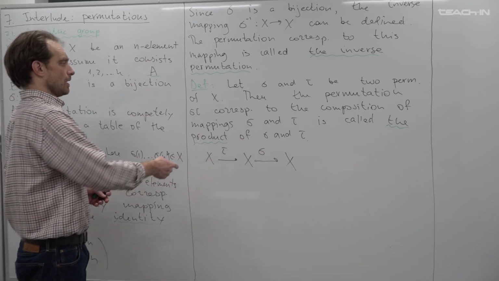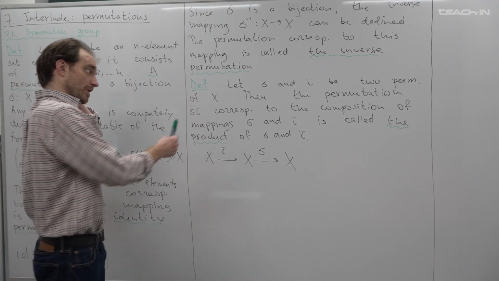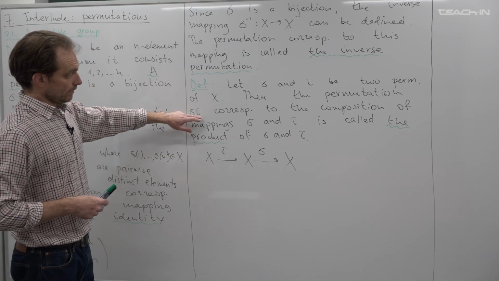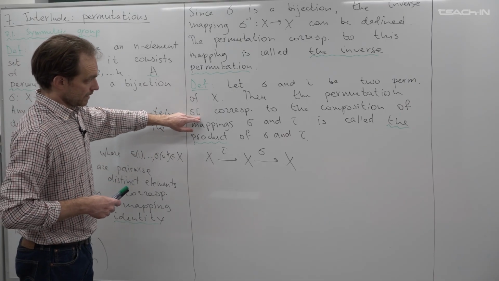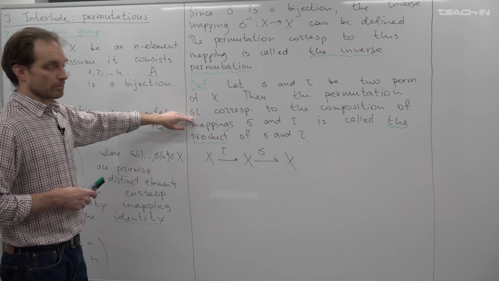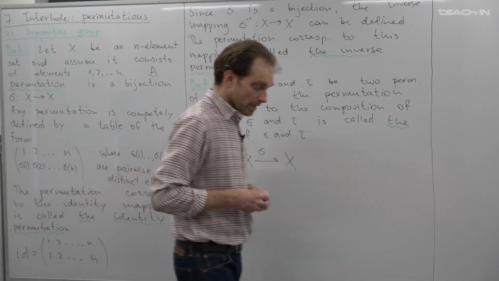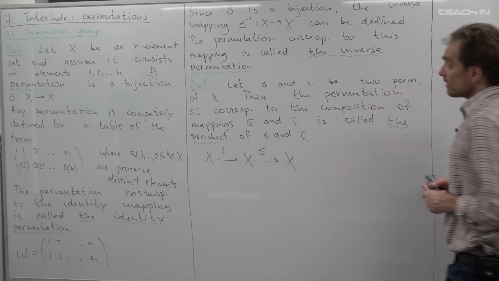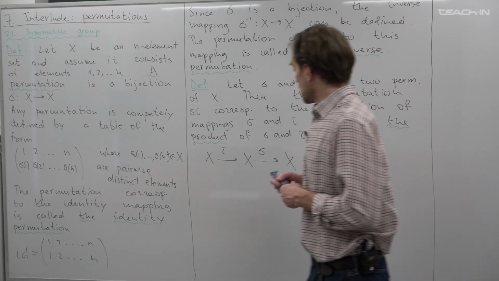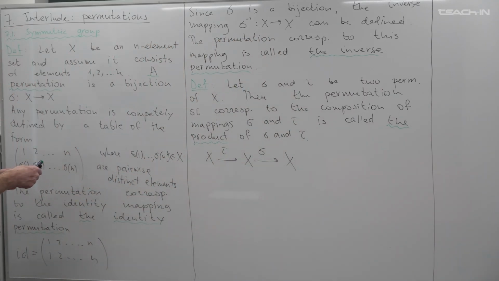That's why this composition should be applied from the right to the left. So first we apply the rightmost permutation, and then we apply the leftmost permutation. So this is the standard agreement when we work with permutations. Okay, so these are the things that we can do with the permutations.